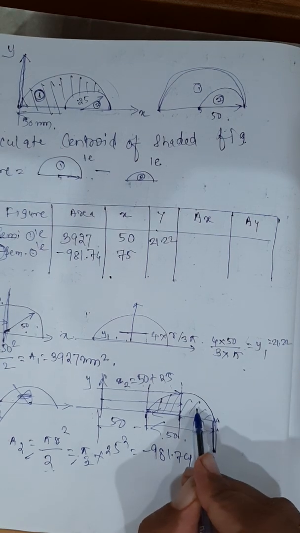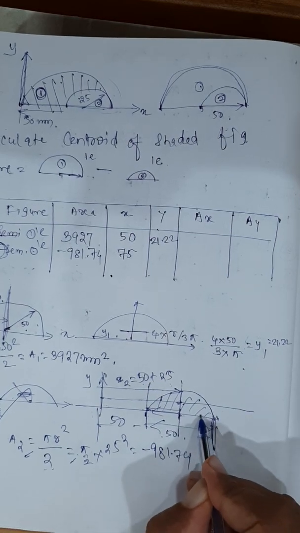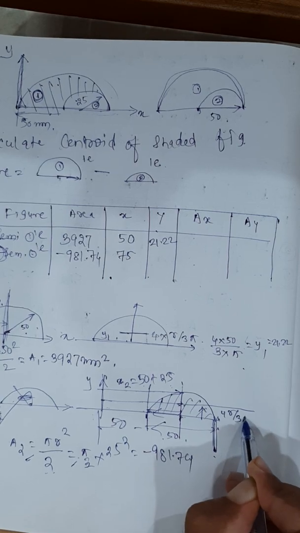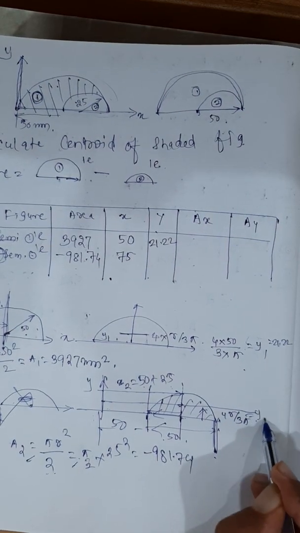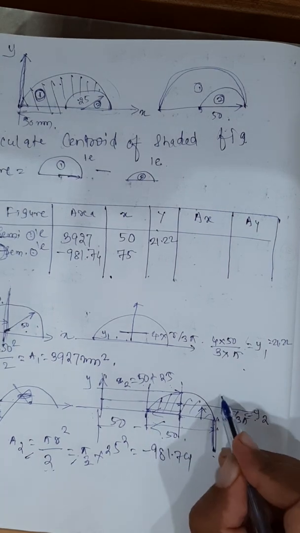Now y1, y2: when you are calculating it, it is located from the base, from the x axis, at a distance equal to 4r divided by 3 pi. This is equal to y2. Now what is the value of r? R is equal to 25.